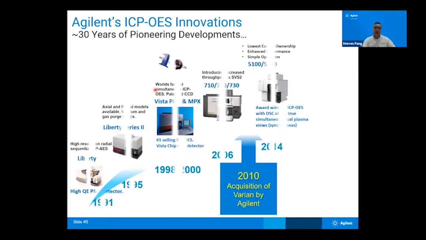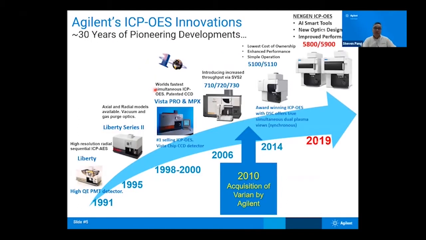Agilent, as a company, has been involved for over 30 years with pioneering developments since the 1990s. For example, in 1991, we had a high-resolution sequential ICP-OES, and this was upgraded to Series 2 in 1995.